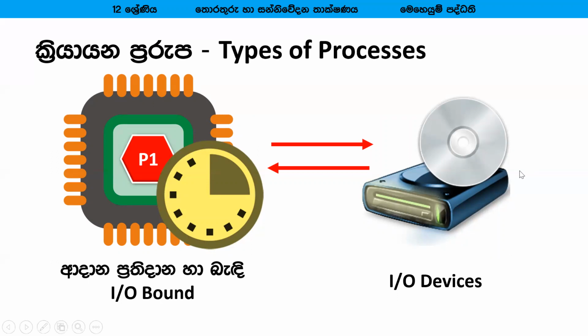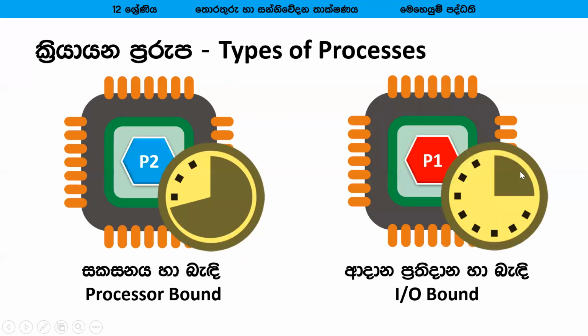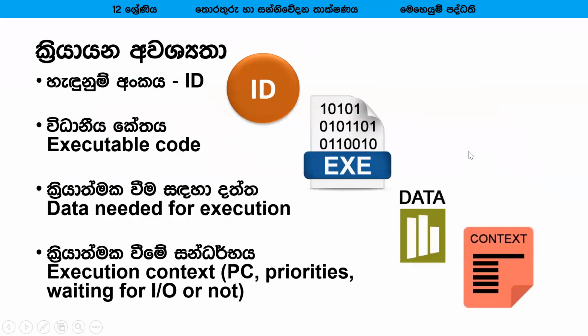When it comes to the processor bound process, it takes less time to execute. So things will happen quickly with the processor bound process. Things will happen slowly with the input output bound process. And yeah, Nirmana, clear?